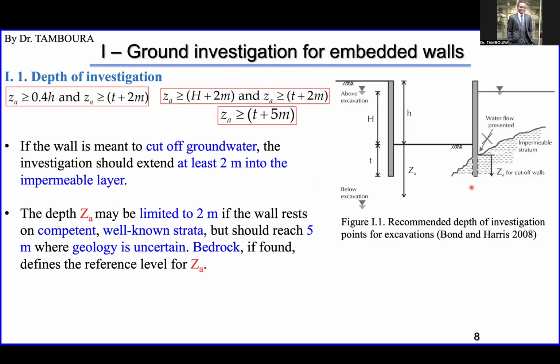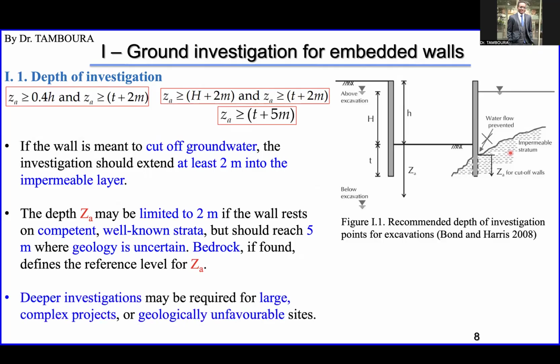But if the geology of this rock is unknown, or you're not really sure what it is, then you should go up to 5 meter. So the minimum is 2 meter in this kind of situation, but if you are not sure about the geology of this impermeable layer, then you have to go 5 meter.